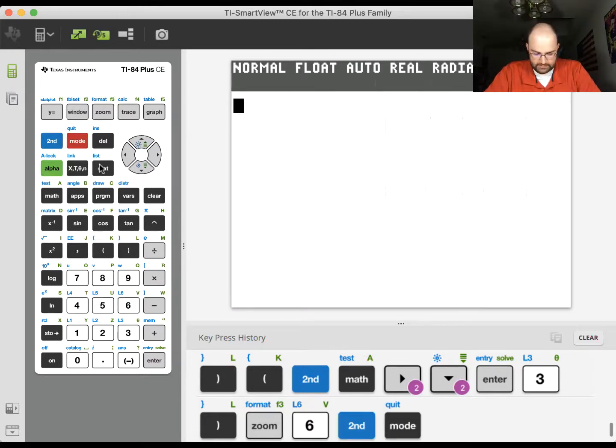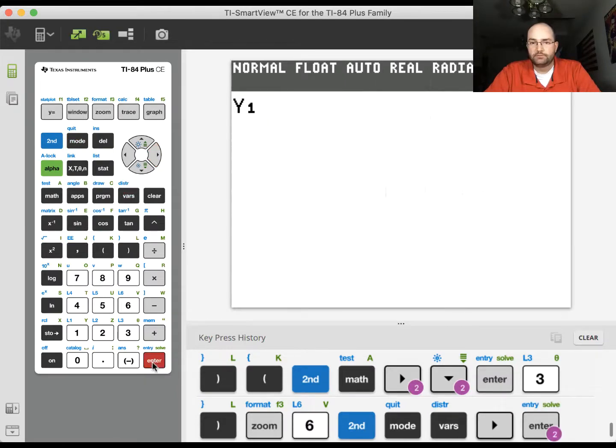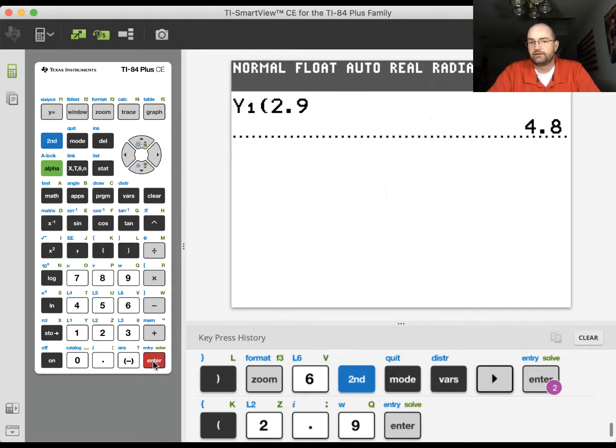Alrighty. So let's go to vars, right 1, enter, open a new parentheses, and type in these x values, starting out with 2.9. When we type in 2.9, that gives us 4.8. Let's do this again.